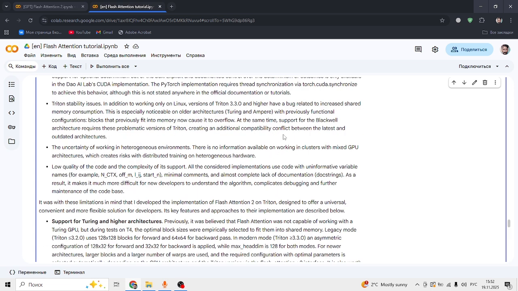Also there is no information that these implementations can work in heterogeneous environments. So it means if you have several GPUs, for example an A800 and an RTX 4060, that means that they won't work.